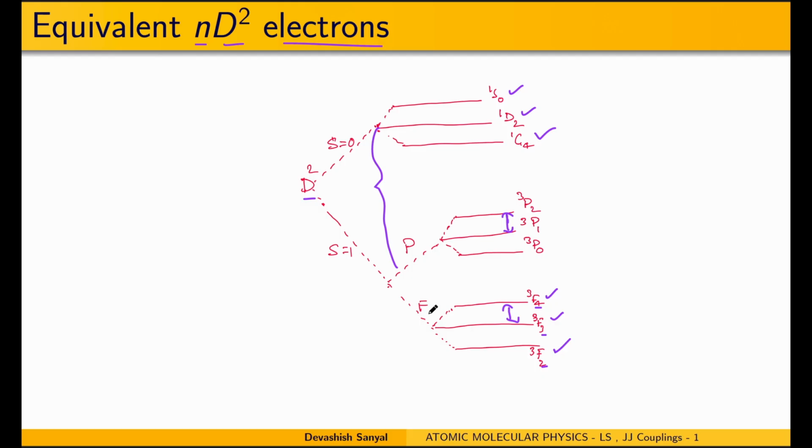And here you can see for F the L value is greater, so this multiplet is at a higher energy level than that multiplet, because the L value is higher. We are following Hund's rule here.